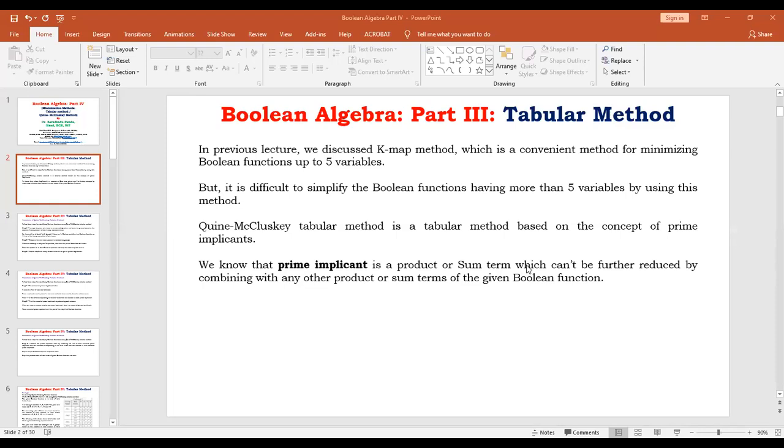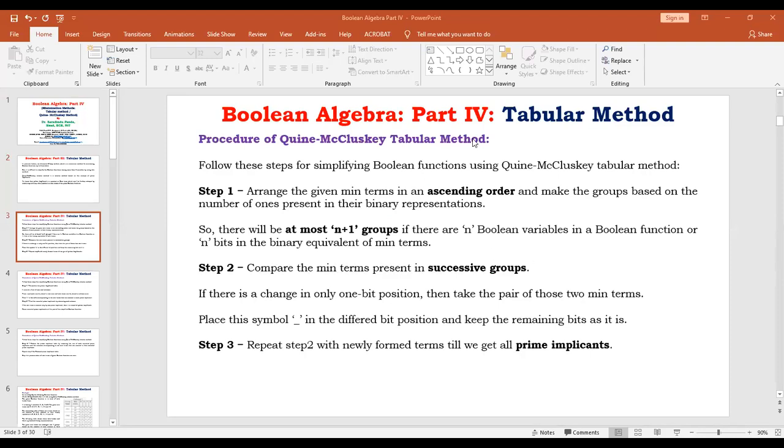Now the basic steps of the Quine-McCluskey tabular method. The first step is to arrange the given min terms, which are in the sum of products expression given in the Boolean expression, in ascending order.